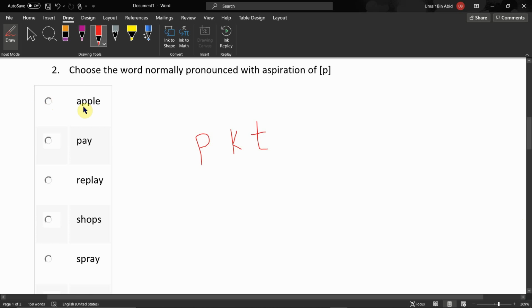In apple, the first sound is a vowel sound, so it cannot be. In pay, the first sound is p, so therefore it is aspirated.